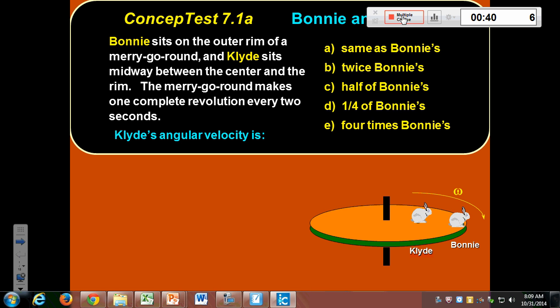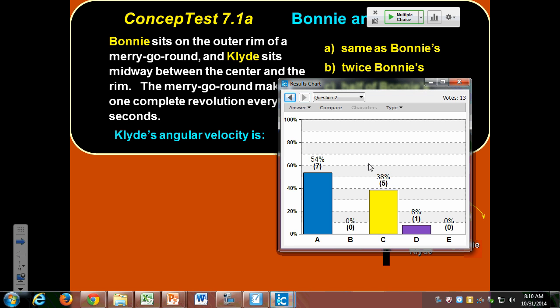Bonnie and Clyde are on a merry-go-round. How do their angular velocities compare? Clyde's at half the radius of Bonnie. I'll stop at 105. Very good. I think it's the right answer.